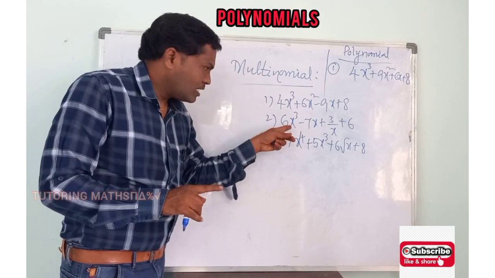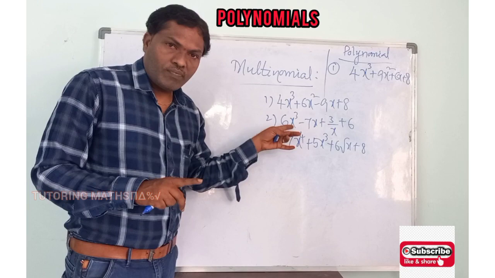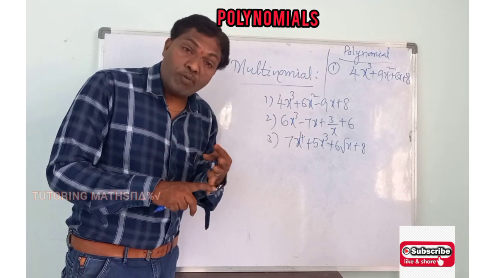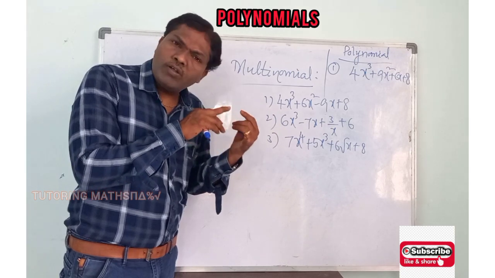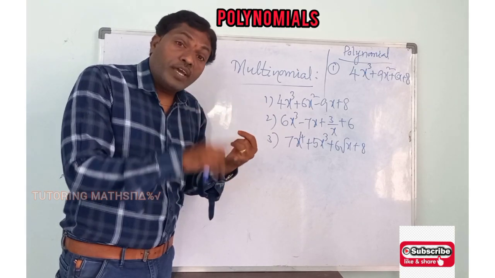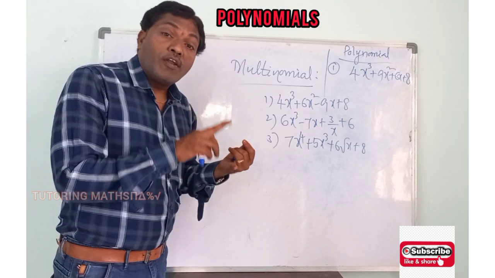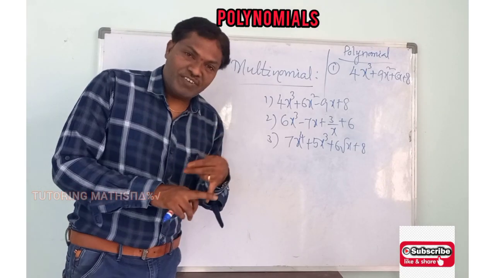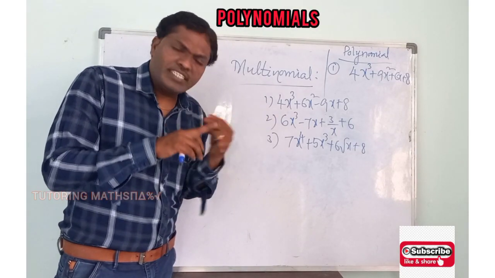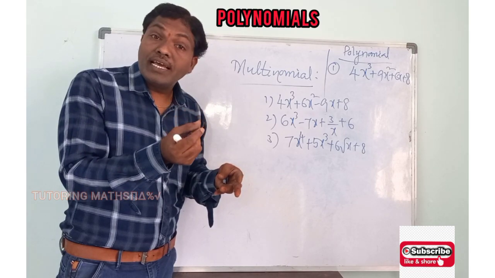Why? Because you observe the exponents of the variable. What is the condition of a polynomial? A polynomial has all the literal terms where the exponent is non-negative. It should not be a negative number. The exponents never be negative.